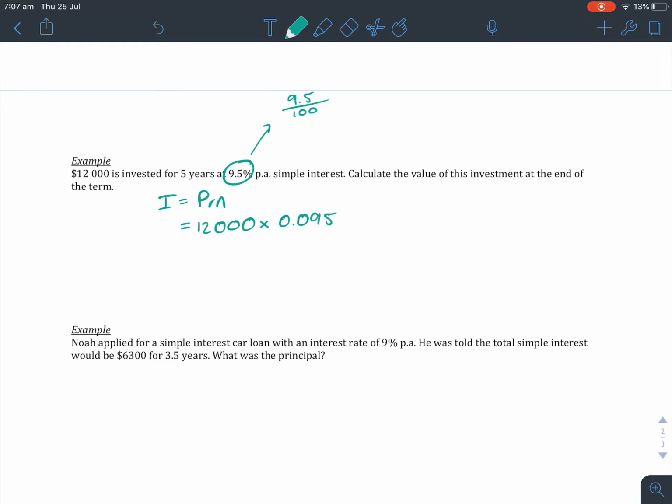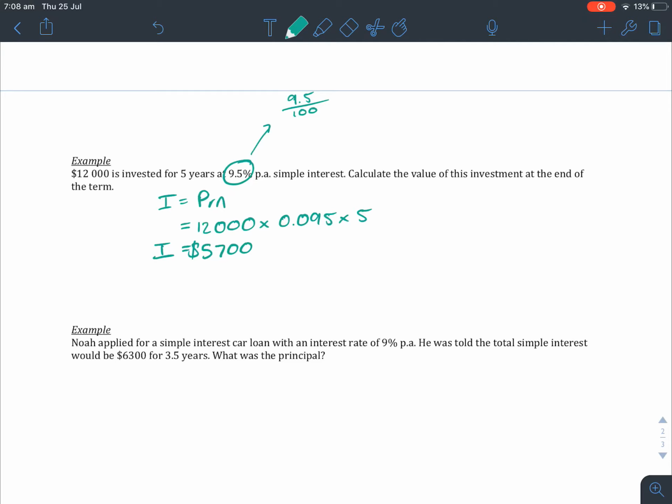Okay, back to our formula. Principal times rate times n, number of time periods. How long are you investing it for? 5 years. Okay, get your calculator out. 12,000 times 0.095 times 5. 5,700. Okay, our interest is 5,700.